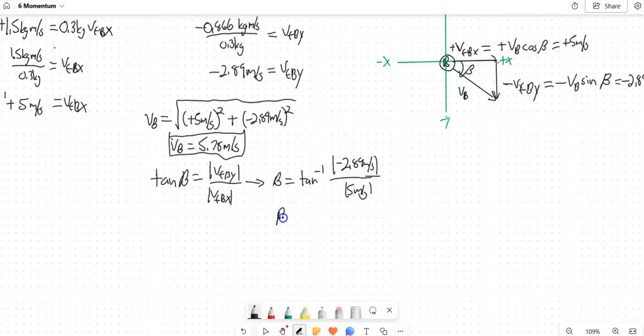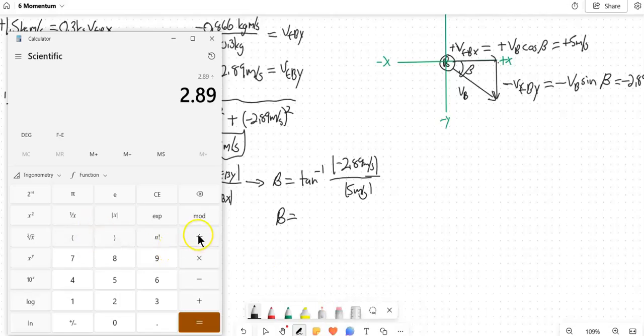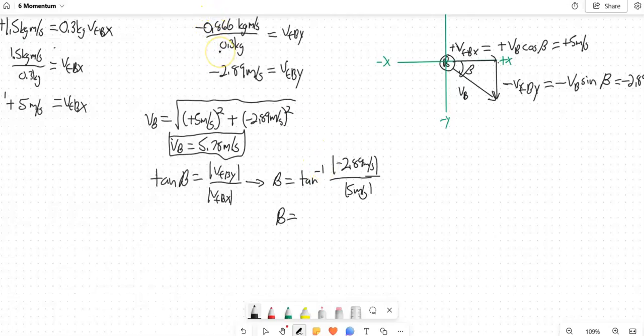Okay, and so that angle, 2.89 divided by 5 equals, and we're going to take the inverse tangent of this, 30.02. So 30 degrees. Just going to round to 30 degrees. So that is the overall velocity for the B guy and its angle.